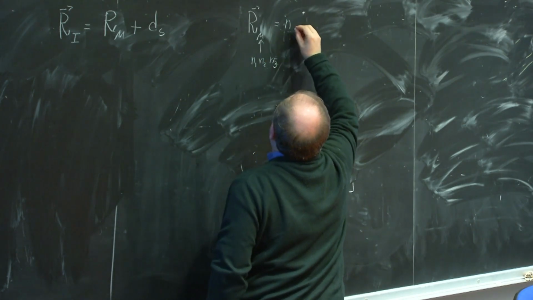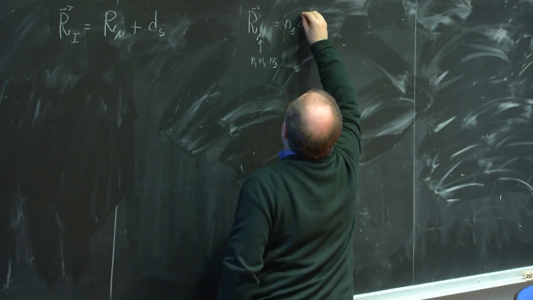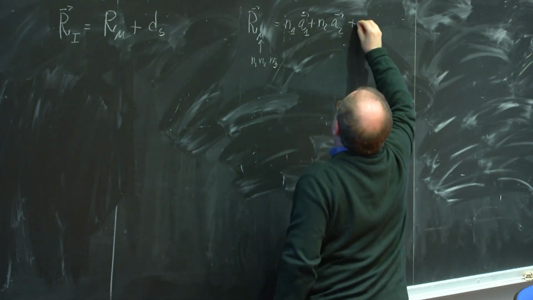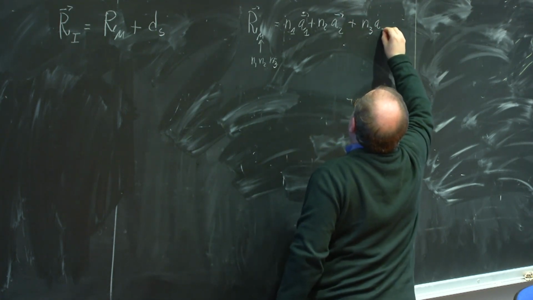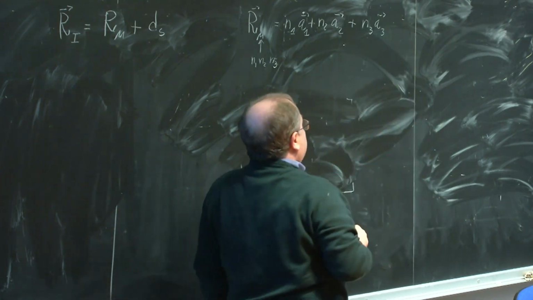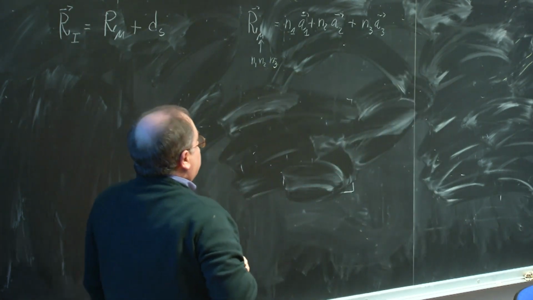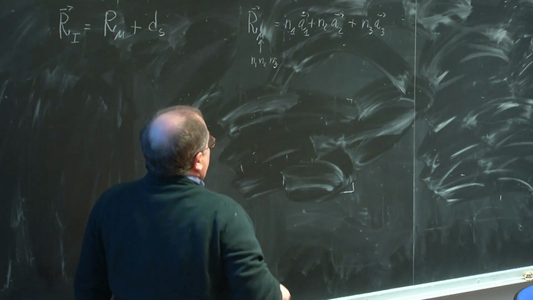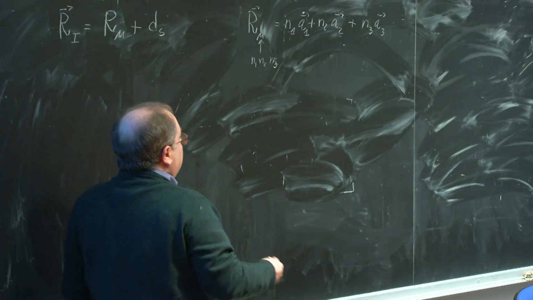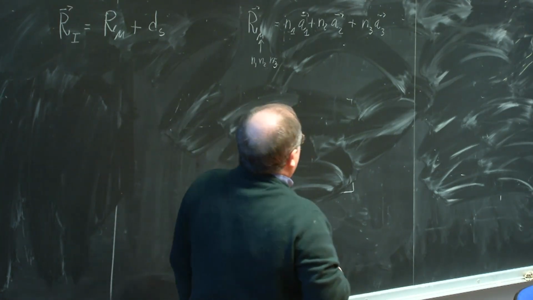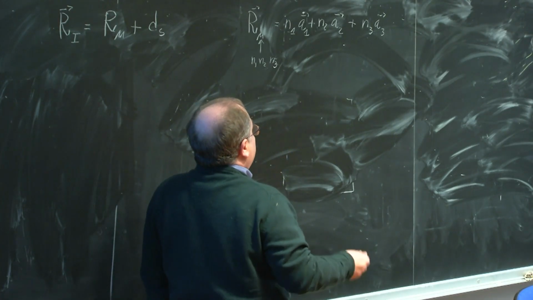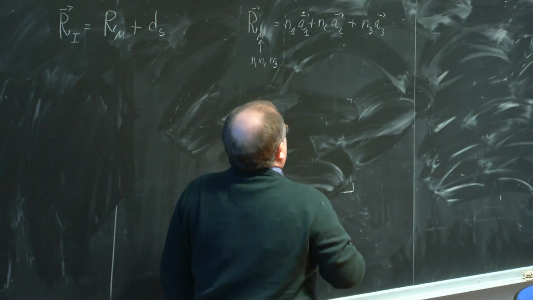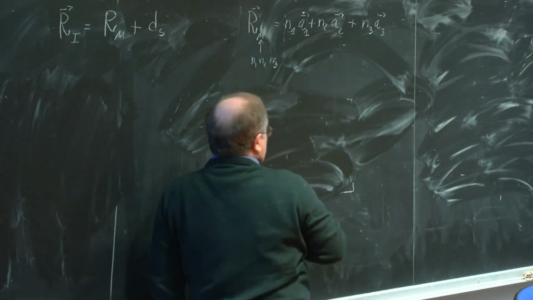And this is n1 a1 plus n2 a2 plus n3 a3, where a1, a2, and a3 are the primitive vectors of the Bravais lattice. I think that you have already learned how to define the primitive vectors in PW, so a Bravais lattice, and how to give the size of the unit cell.